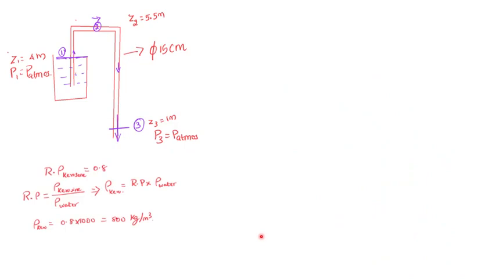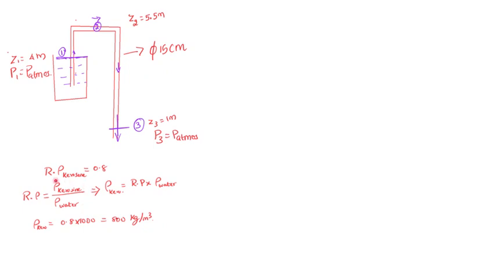The first thing is, I know that 0.8 relative density is kerosene. You don't need to know that, I just know it, so I've written it. So the relative density of the fluid here is 0.8. Relative density equals the density of the fluid divided by density of water.